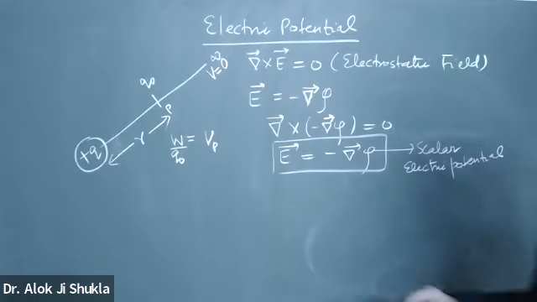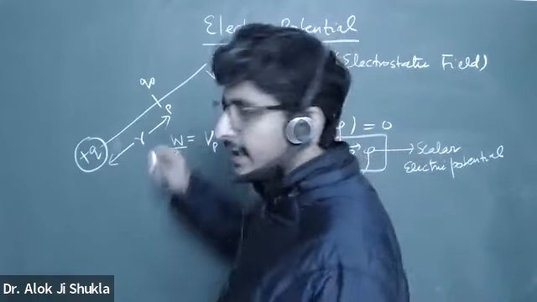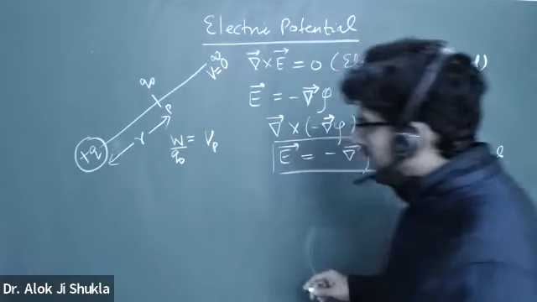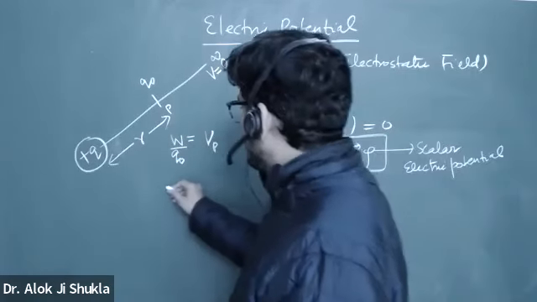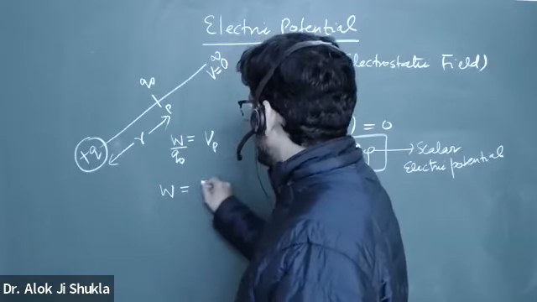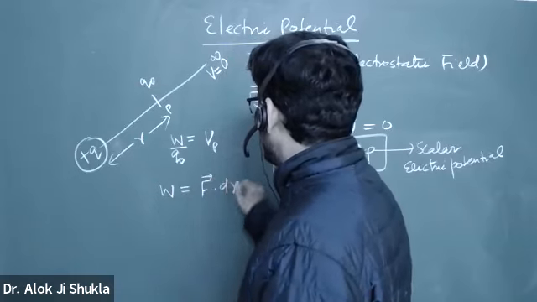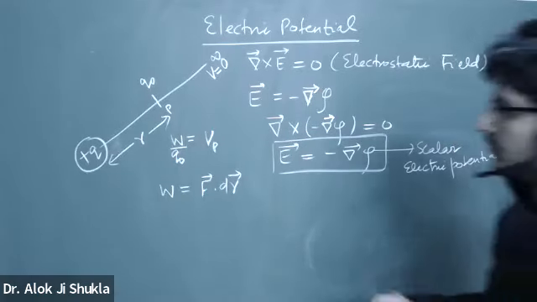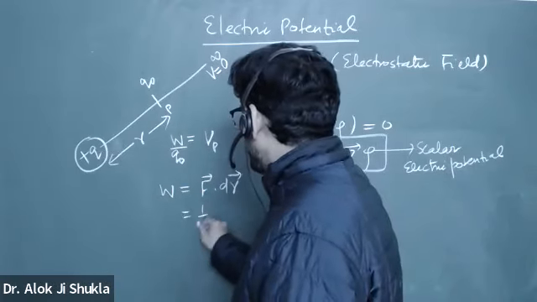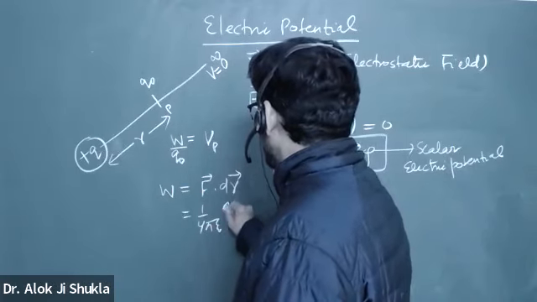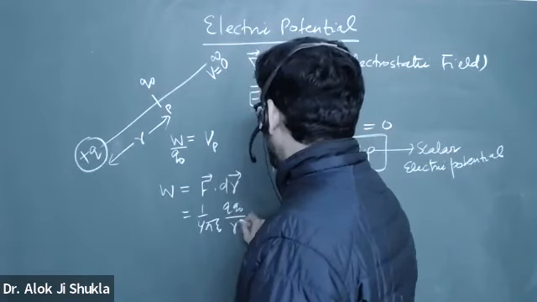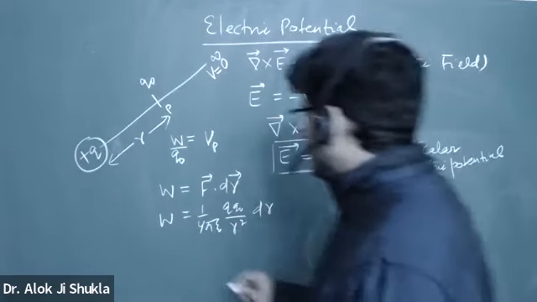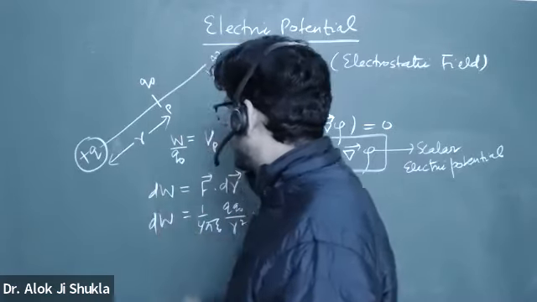ठीक है? So since work done is involved, let us calculate. So let us take 2 points, A and B, and calculate the same quantity. So work done will be force dot dr. This is the work done. So force will be equal to 1 by 4 pi epsilon naught q naught by r square into dr. That is the small work dW.